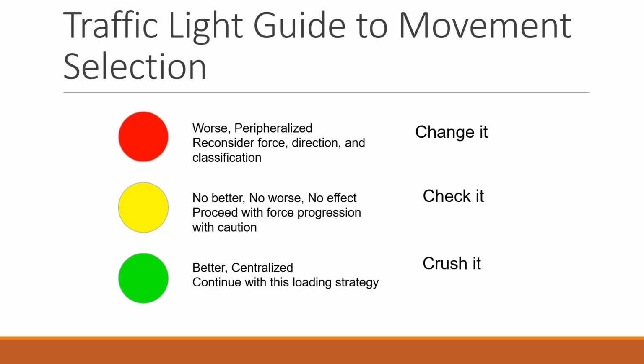And at the end of the day, they may get to a point where they're better with those particular movements. And so just because we don't get it on day one doesn't mean we can't go back to it down the road. But again, as you're evaluating patients, if you're finding movements that are worse or they potentially peripheralize, there's really no need to continue with those. We're looking for abolishment and centralization of symptoms.